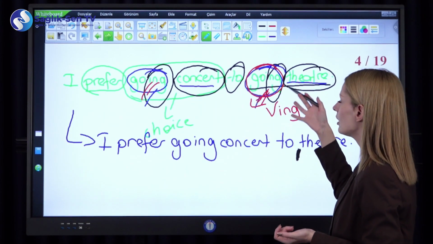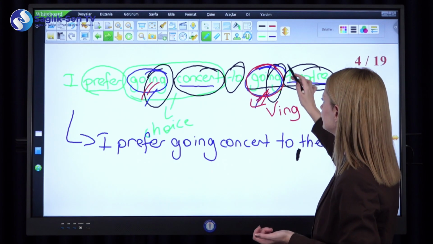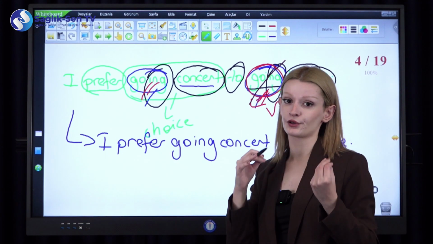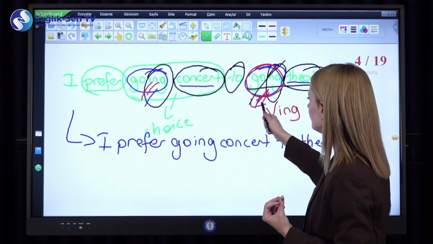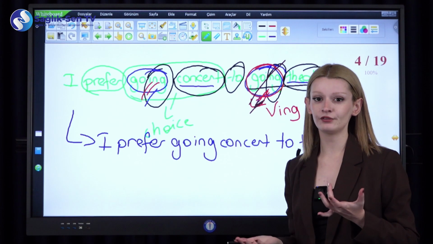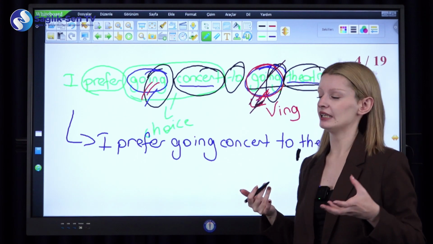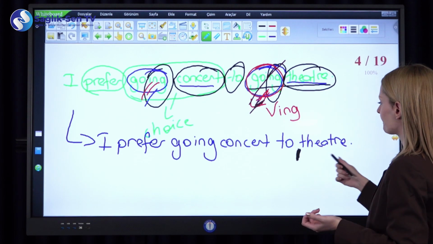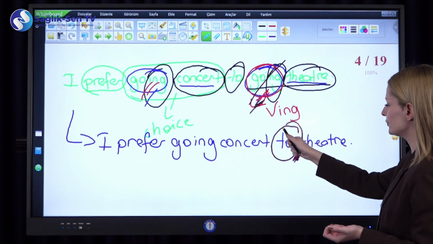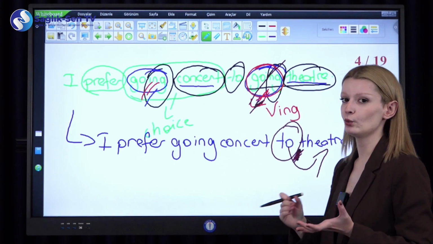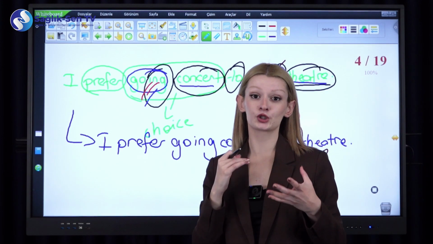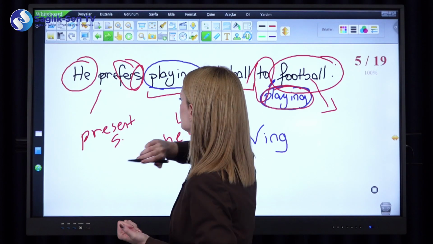I prefer going to concerts to going to the theater. We said that if the action, the verb, is the same, we omit the second one. You don't have to, but it's way easier. After to, you can just put what the second choice is.